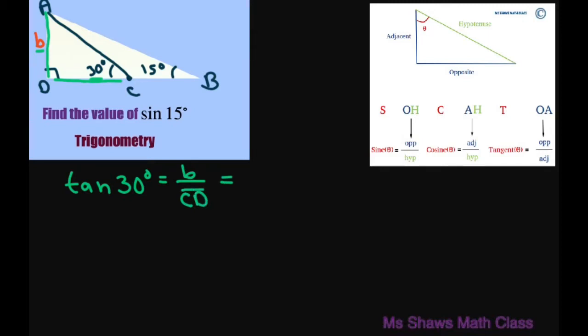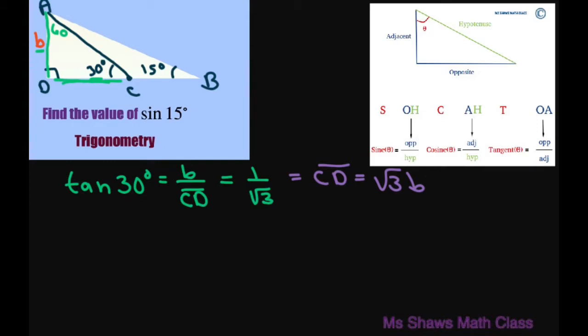So for 30 degrees, this is a 30, 60, 90 triangle. So this length here is going to equal 1 divided by square root of 3, because you're doing tan of 30. All right, so that means CD is going to equal square root of 3 times B.